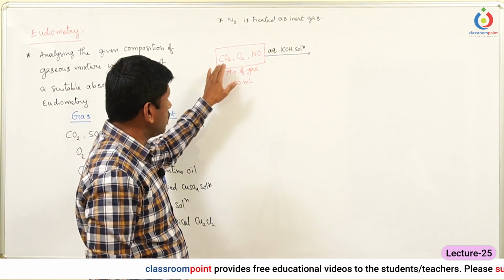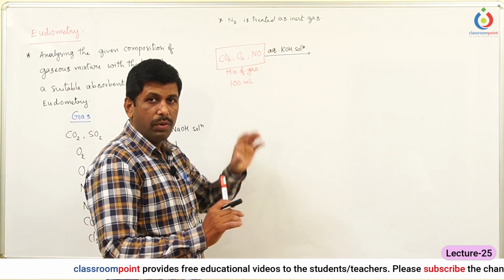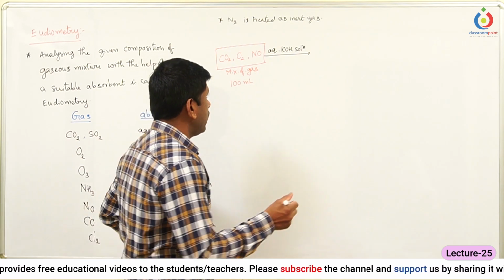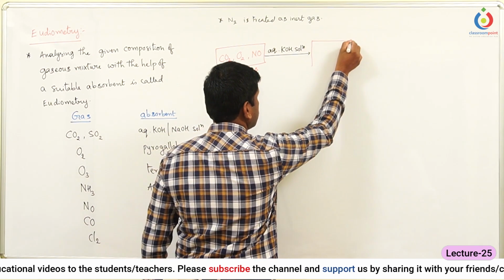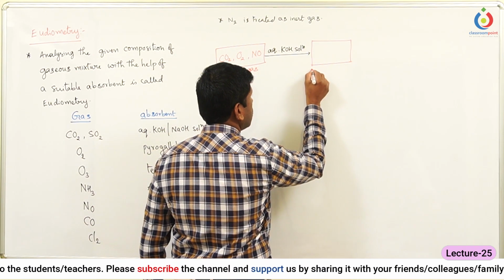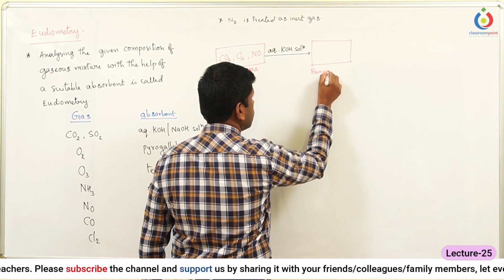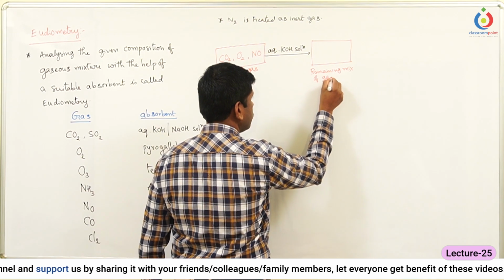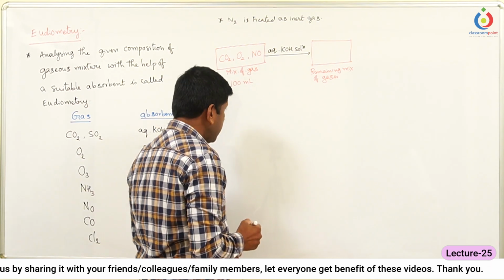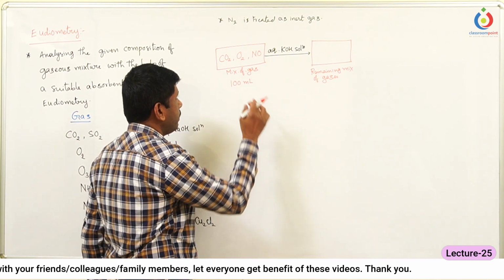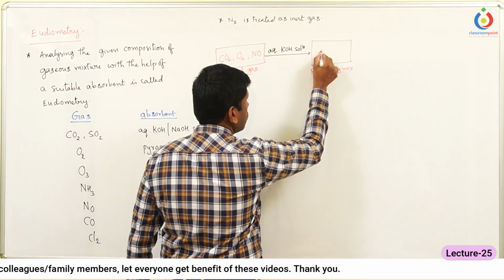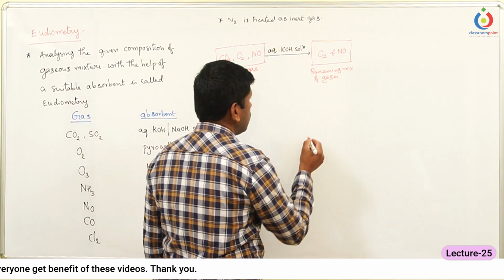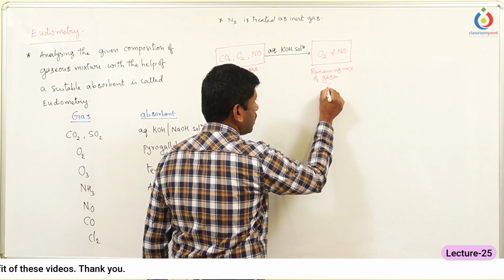So whatever CO2 is present in this entire gaseous mixture will be completely absorbed by the aqueous KOH solution, so that we get the remaining mixture of gases. In this remaining mixture, which gases could be present? O2 and NO. Now let us imagine the volume of this gaseous mixture is 60 ml.